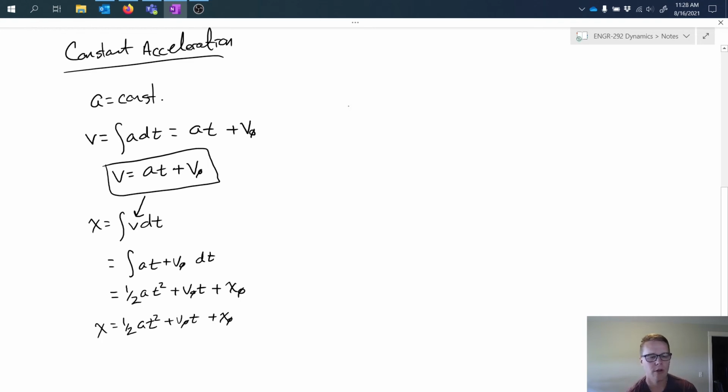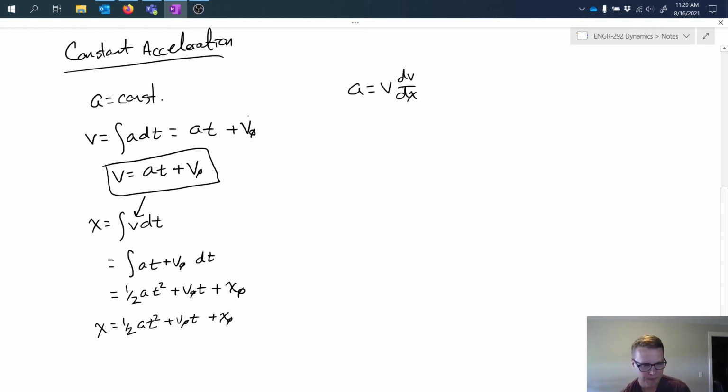Now, there is another scenario related to constant acceleration that's pretty useful. You may recall that in a previous video we created another definition for acceleration in terms of only the velocity and the position, and that was that the acceleration is equal to velocity times dv by dx. And we can look at this in the exact same way under this constant acceleration condition.